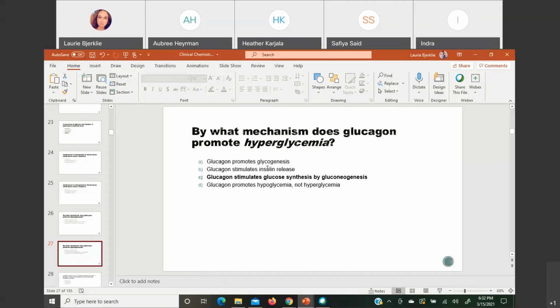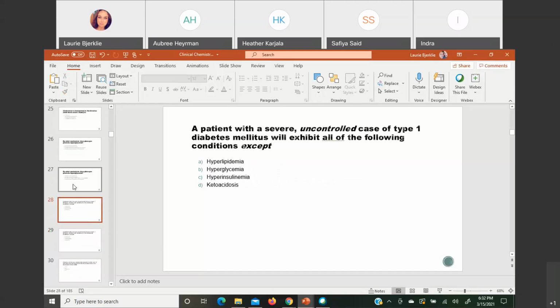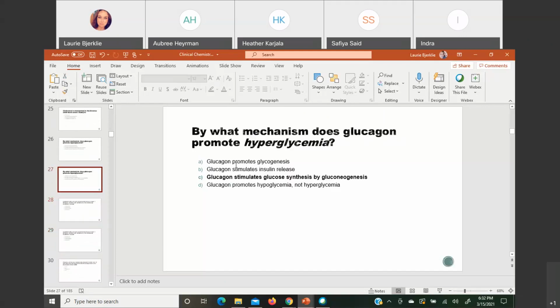If it lowers the insulin, that's not going to create high glucose levels either. So that's not correct. And then the last one, that's not correct because glucagon does give us high glucose levels. So C is one way in which it can do that. So again, you kind of had to go through each one and process what they meant.